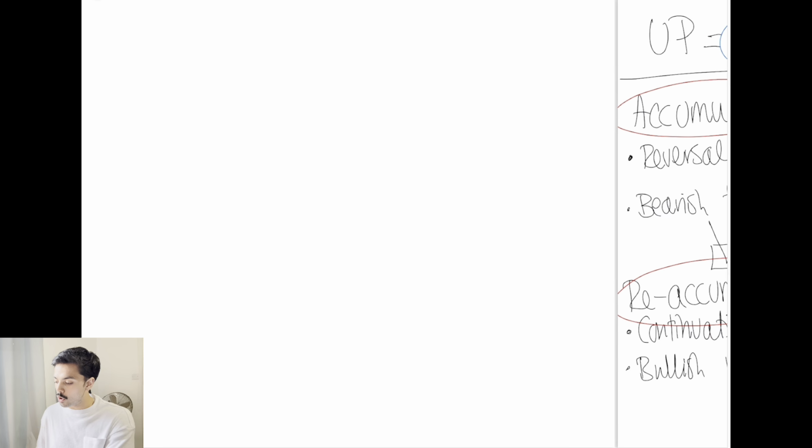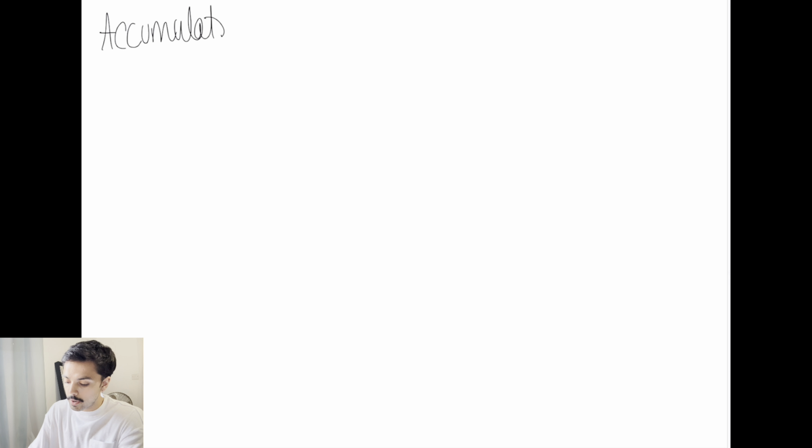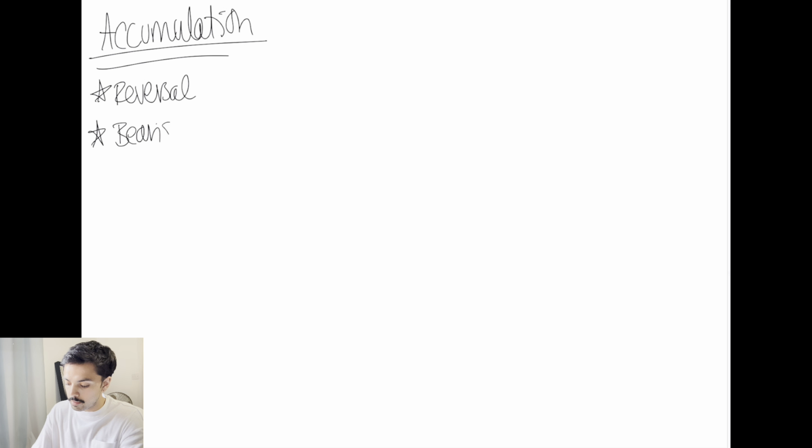Let's talk a little bit more about where these schematics actually take place, okay? So, let's talk about an accumulation in isolation for a second. So we already know, for example, reversal, bearish, turning bullish.